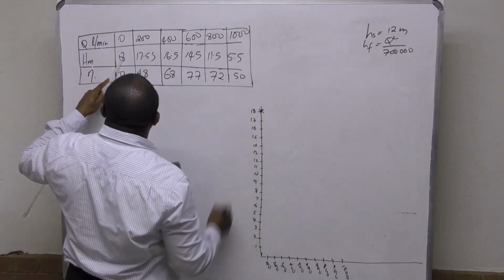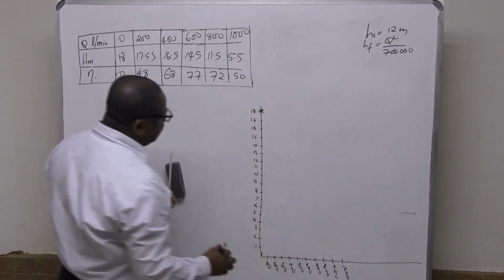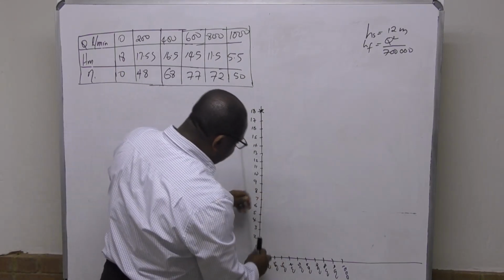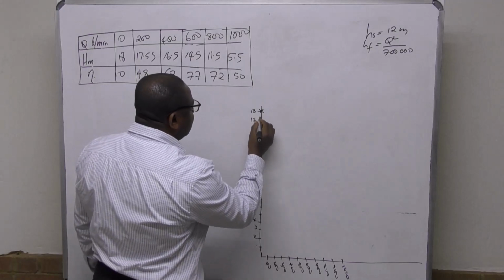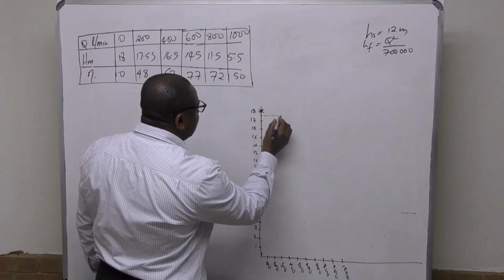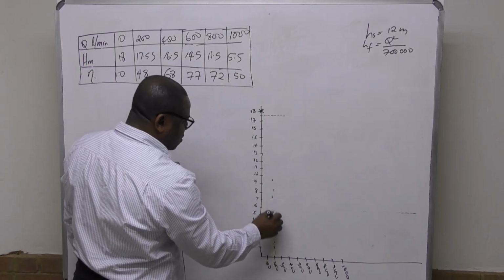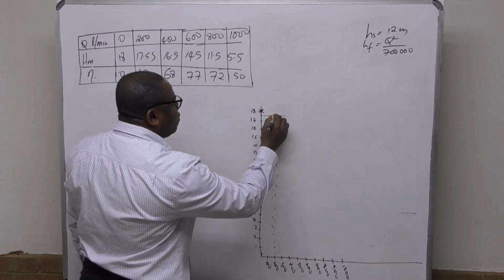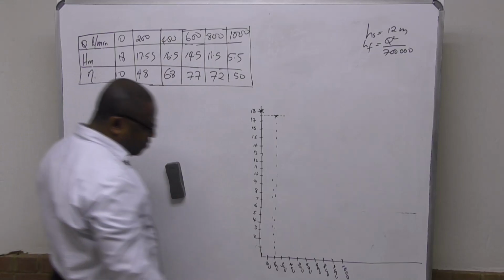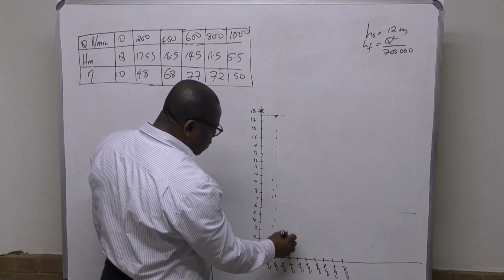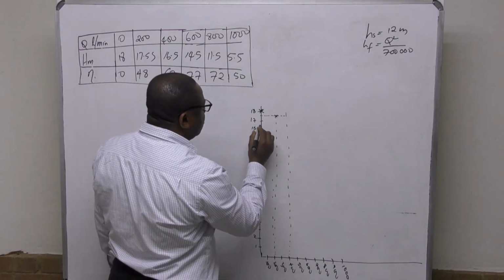Then we have 200 flow and 17.55, which will be somewhere there. And the next one is 400 flow, 16.5.